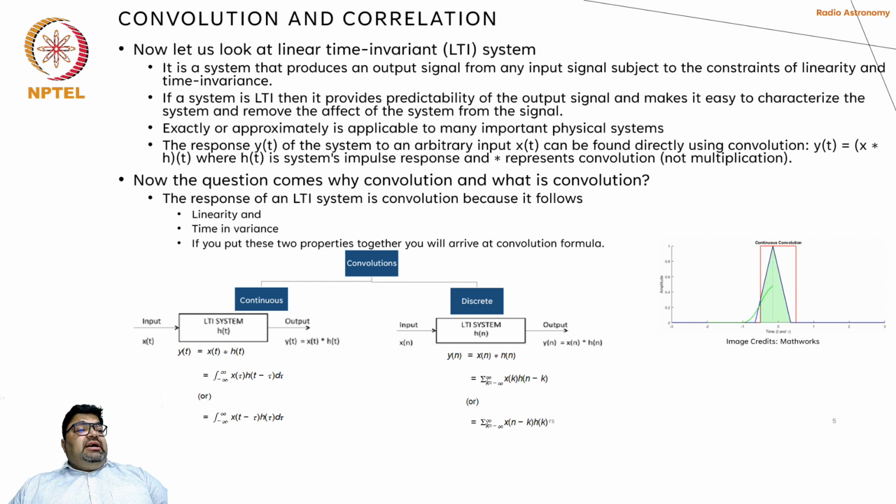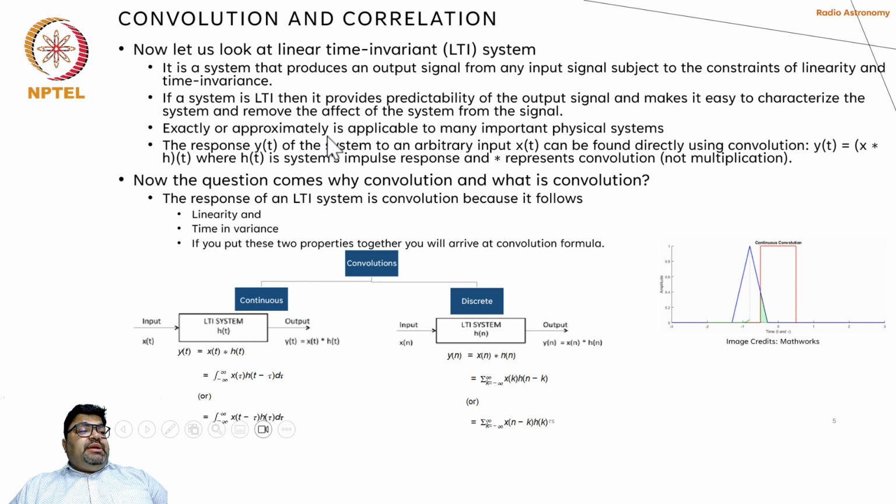If you look into a linear time invariant system, or LTI system, it is a system that produces an output signal from any input signal subject to the constraints of linearity and time invariance. If a system is LTI, then it provides predictability of the output signal and makes it easy to characterize the system and remove the effect of the system from the signal.